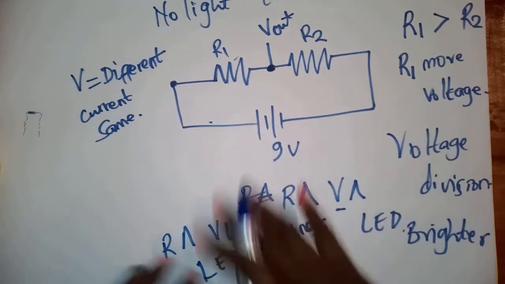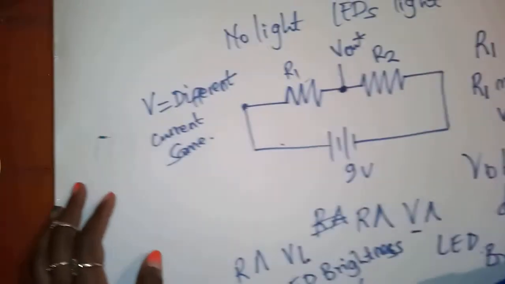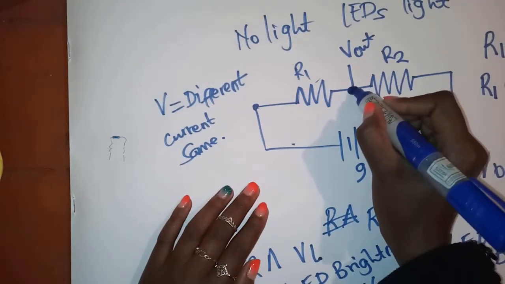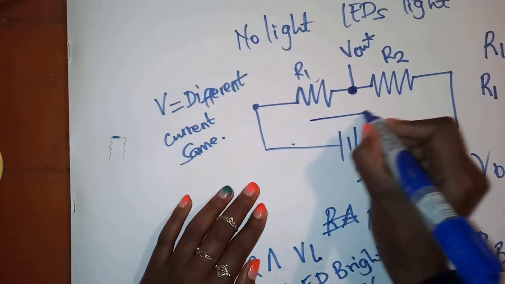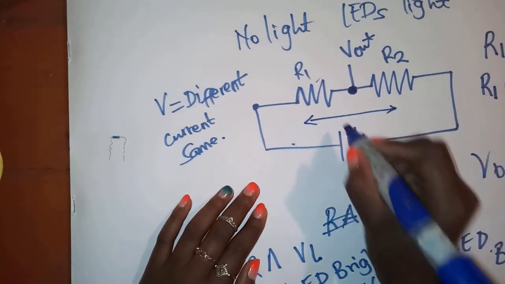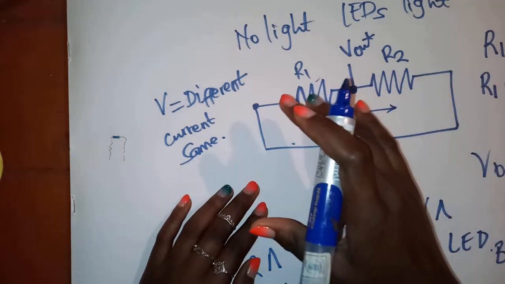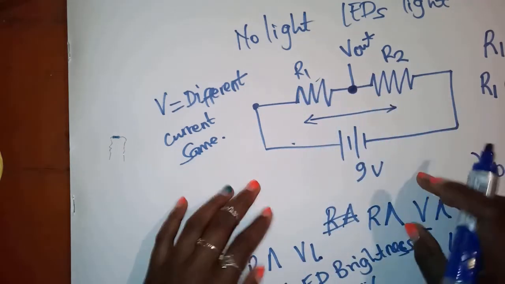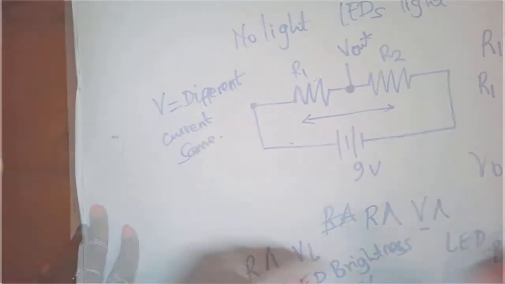I know I have really messed this page up, but basically what I'm saying is that we're playing with this voltage here. It will be like a range. So depending on where you are, the LED will be brighter or darker.